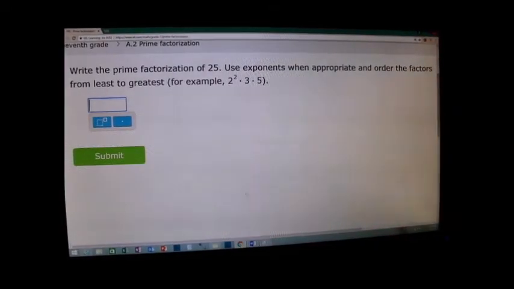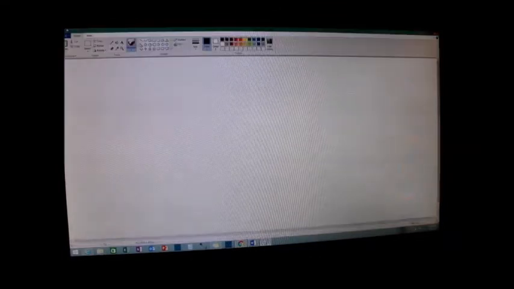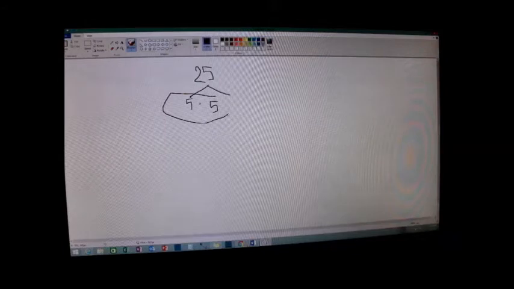Write the prime factorization of 25. The number is 25. What two numbers can be multiplied together to equal 25? 5 times 5 equals 25. And we can't go any further, so that's the answer.